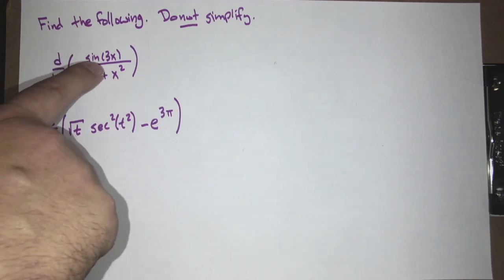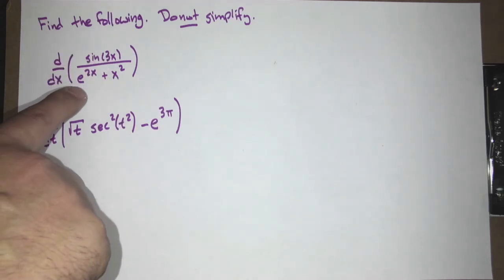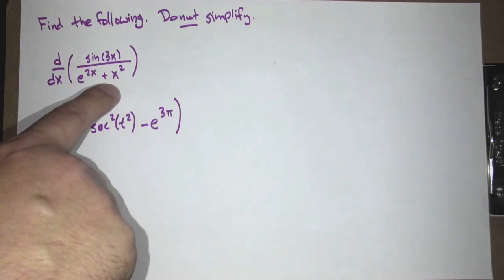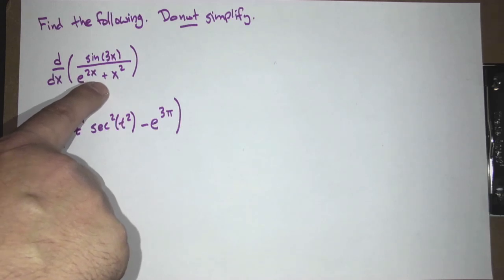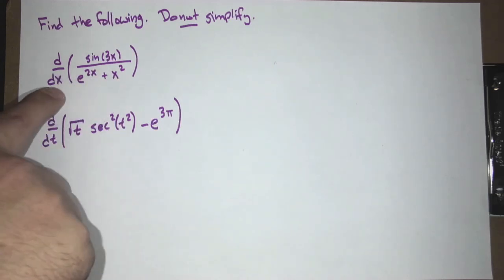Chain rule. So what will happen with that? So 3 will come out in front. Derivative of e to the 2x? E to the 2x times 2. Chain rule. Derivative of x squared? 2x. And notice the plus. That says just take that derivative, and add them together.